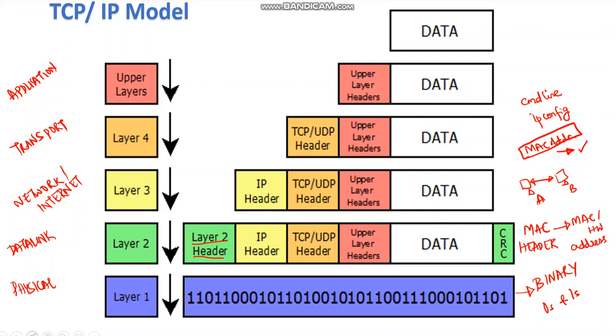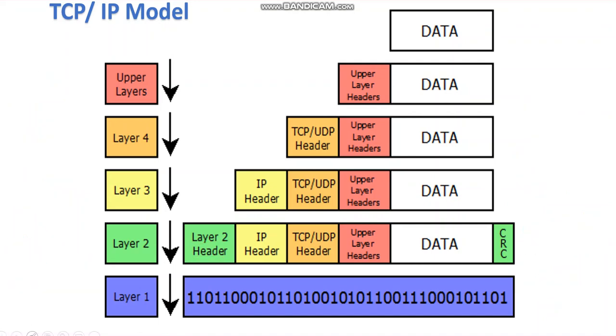Now, to talk about layer 2, where we have the layer 2 header and we are talking about the MAC header, this includes source MAC and destination MAC.